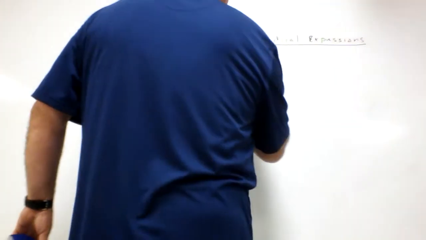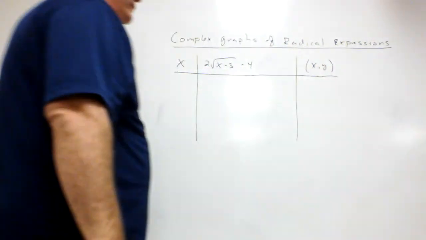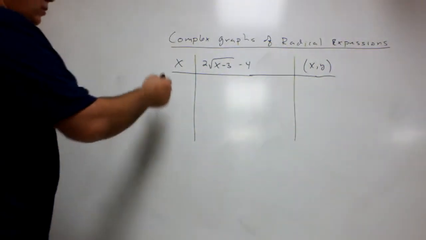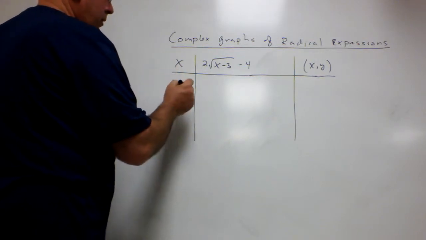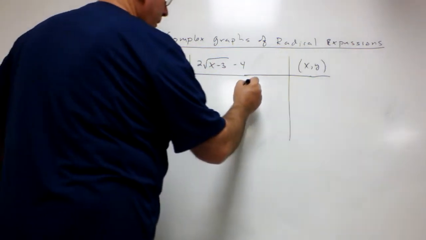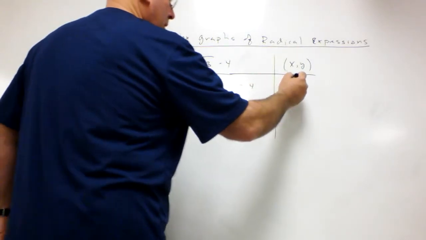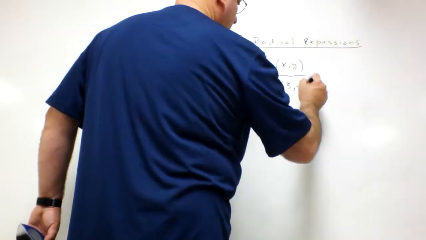Let me give a little bit more room because this number is going to get a little bit more complicated. Like that. Now, what we did was we said that we're going to start x at 3, and we know that y is going to be negative 4, so that's going to be our starting value, 3, negative 4.